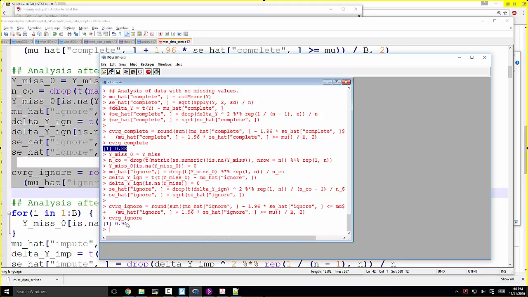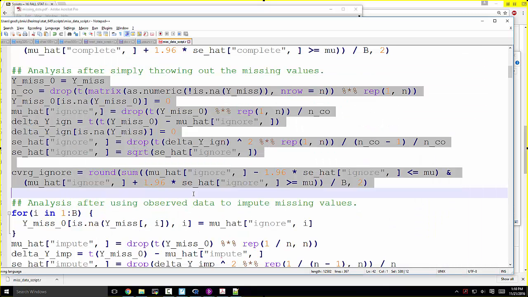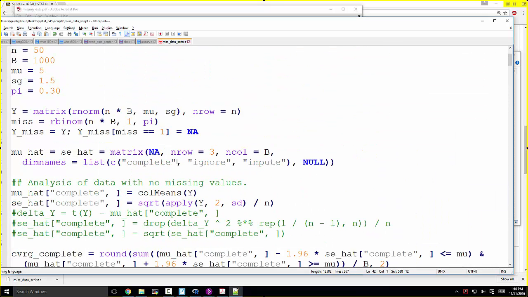This one should also be right at 95 because of the way that the missingness happened. Missingness in this simulation is completely at random because we chose who was to be missing essentially by flipping a coin. There's no reference to what the response value would have been for the missing value or for any of the other ones.